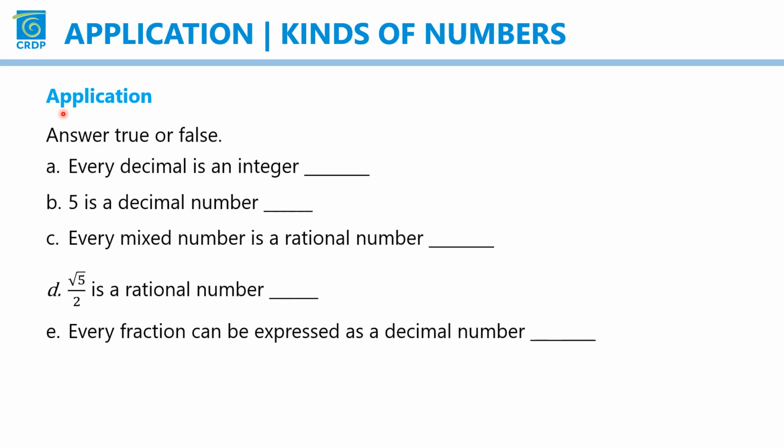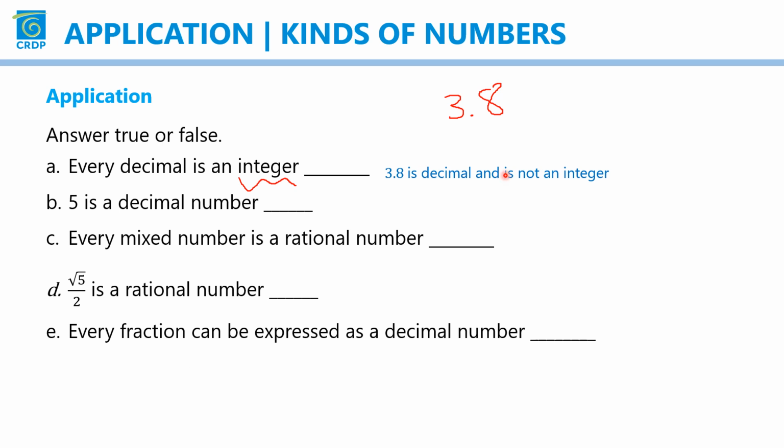Let's make an application. Answer by true or false. A, every decimal number is an integer. This is a decimal number. Is it an integer? Integer means positive or negative whole numbers. Pay attention.